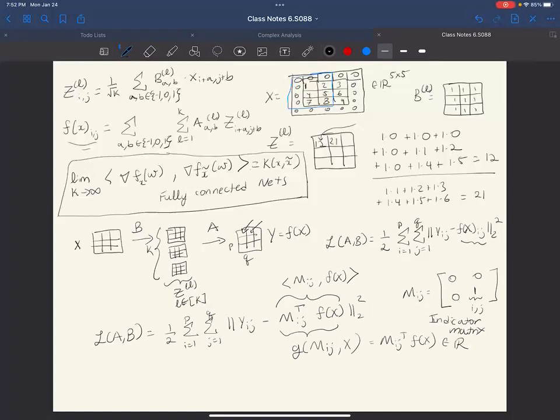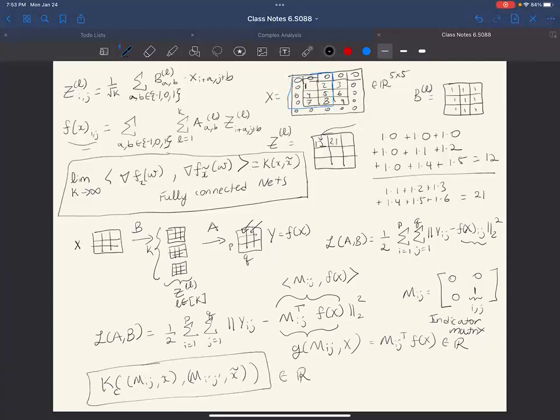So we can compute the gradient with respect to the output of g of M_ij, x. And that is exactly what the neural tangent kernel will be, this convolutional neural tangent kernel. I'll denote it as k sub c. It's no longer a kernel on just x and x tilde. It's actually going to be a kernel on M_ij, x and the pair M_i'j', x tilde. This is going to be our neural tangent kernel.